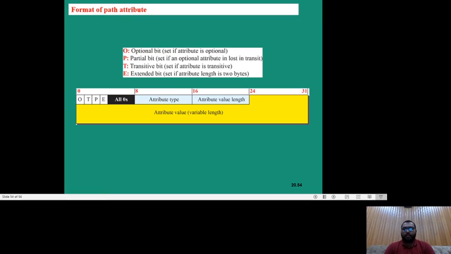If you see the format of path attributes, you will see different fields: O stands for the optional bit, which is set if the attribute is optional; P is the partial bit, which is set if an optional attribute is partial; and T is the transitive bit, which is set if the attribute is transitive, and so on. These are flags that will be raised.